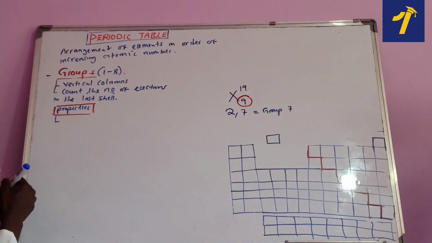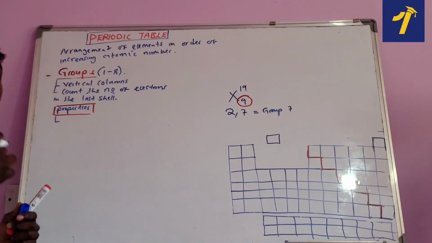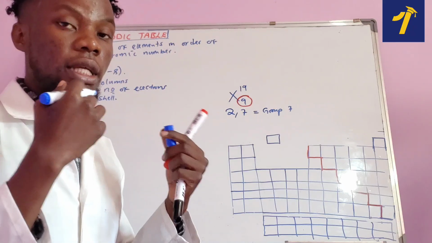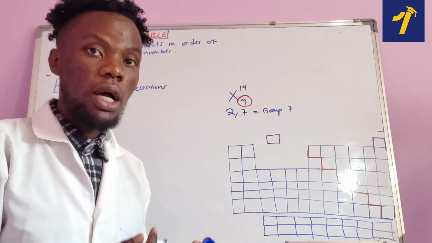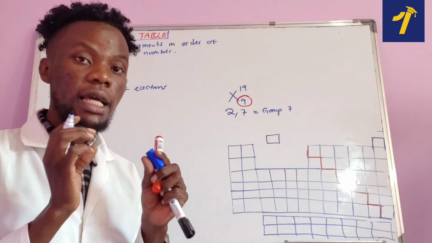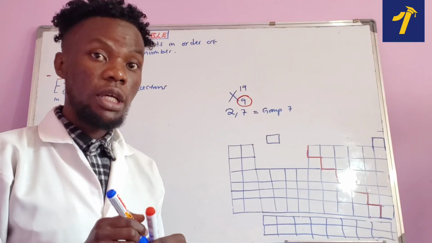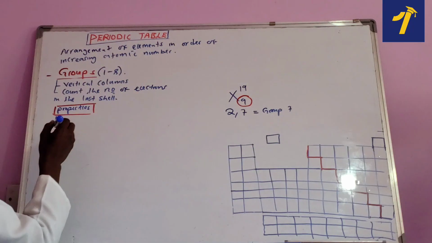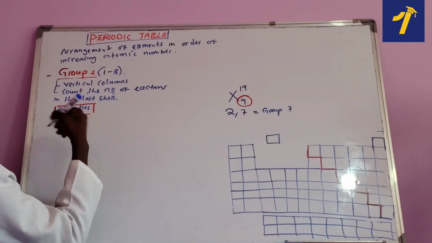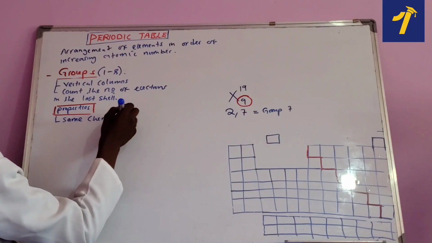The first important concept is that as long as the elements are in the same group, say a certain element is in group 1 and another element is in group 1, since they are in the same group, they are going to have the same chemical properties.